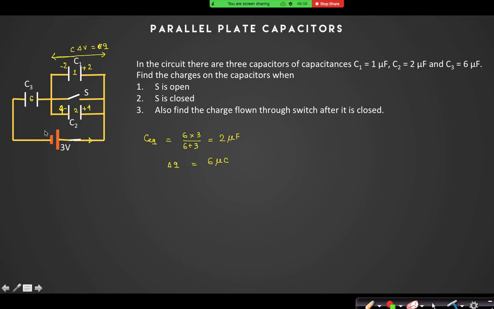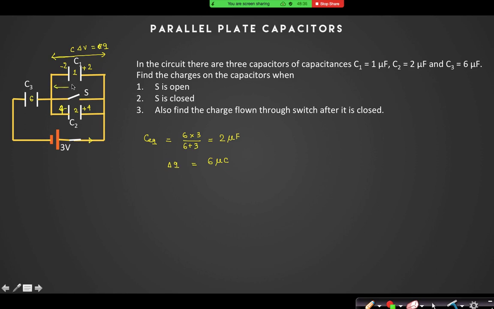Understood this part? Yes, sir. Now what will be the charge on that 6 microfarad capacitor? Now you can see that out of this 3 volt potential, Q divided by C, that means 2 by 1, 2 volt potential has been dropped across the capacitor C1 or C2.